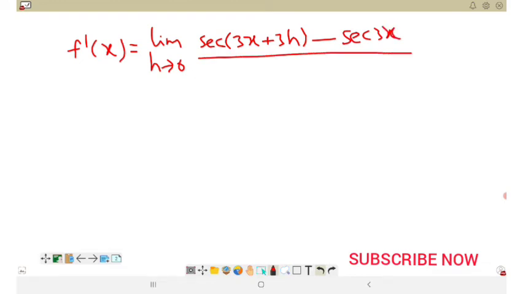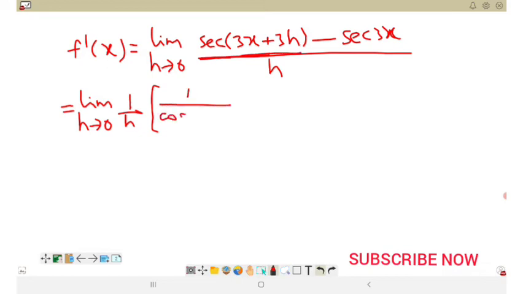So the limit h tends to 0 of 1 by h into, secant of 3x plus 3h is equal to 1 by cos of 3x plus 3h, minus secant 3x equals 1 by cos 3x.